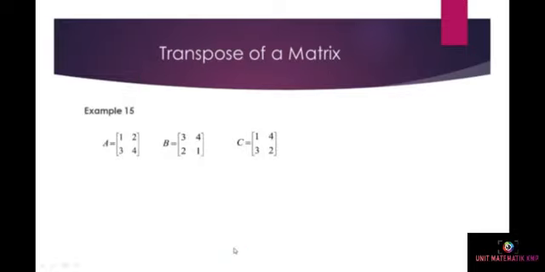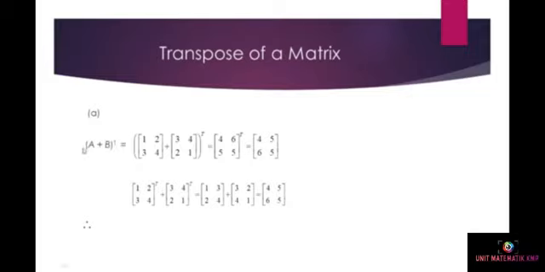Example 15. If matrix A equal 1, 2, 3, 4 and matrix B, 3, 4, 2, 1, matrix C, 1, 4, 3, 2. Show that (A plus B) transpose equals A transpose plus B transpose, and (BC) transpose equals C transpose B transpose. (A plus B) transpose: matrix A plus matrix B, and then transpose.